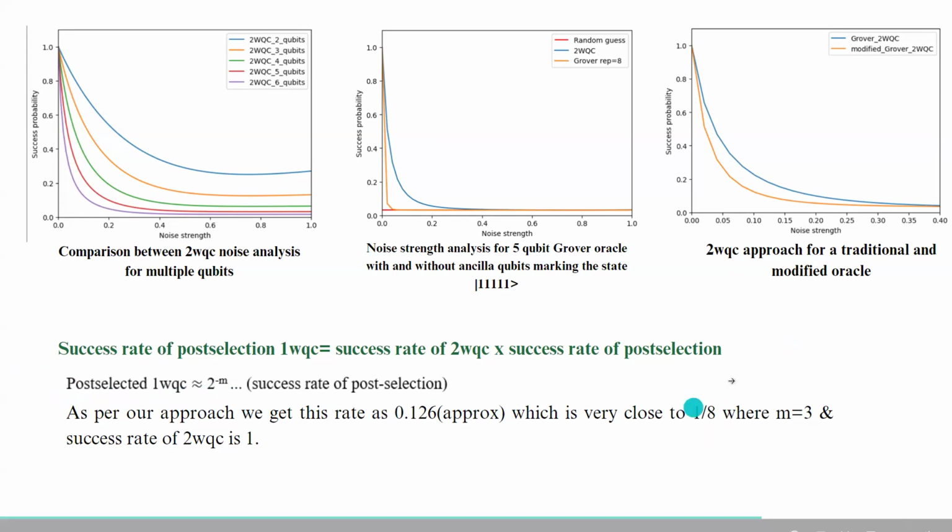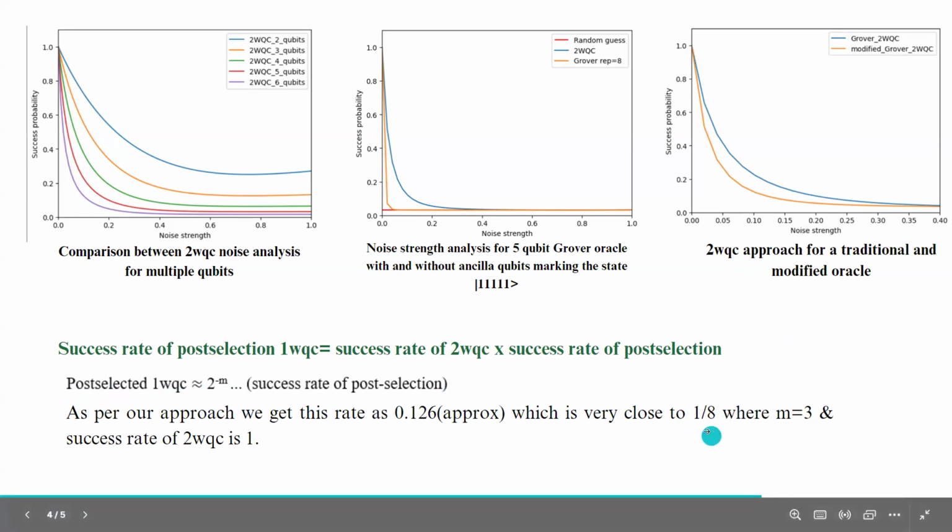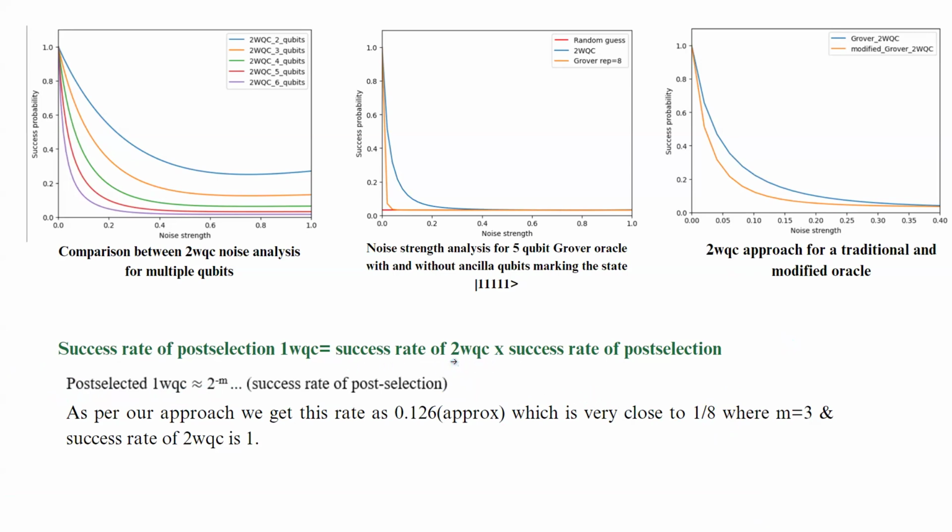So it comes out to be 1 by 8, which equals 0.125. The success rate of 2WQC was calculated to be around 1, and the success rate of post-selection from our approach came out to be 0.126. So this validated the formula above.